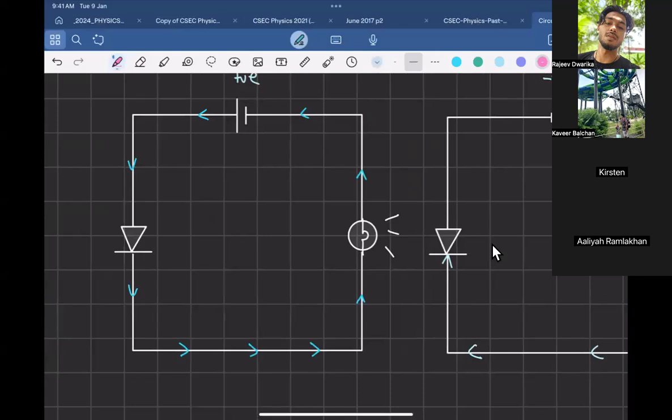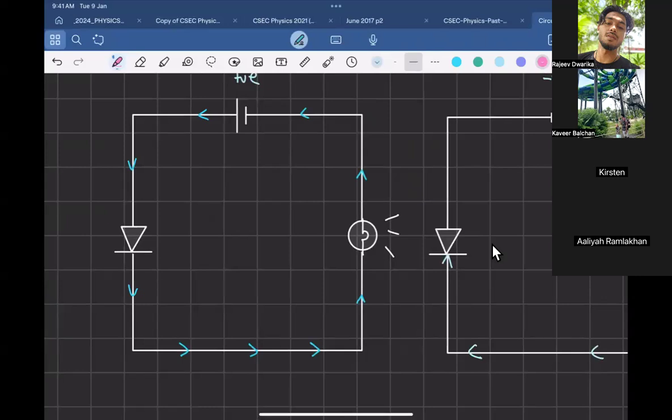Guys, Justin, you there? Yeah, I said series circuit. You hearing me? Yeah, sorry, my mic was muted. Oh, I didn't hear you. But yeah, the diode is connected in series.